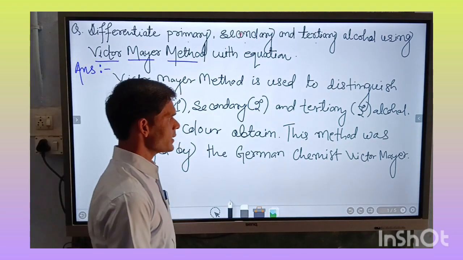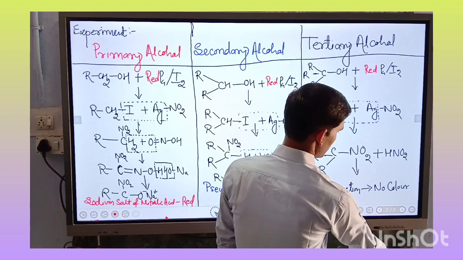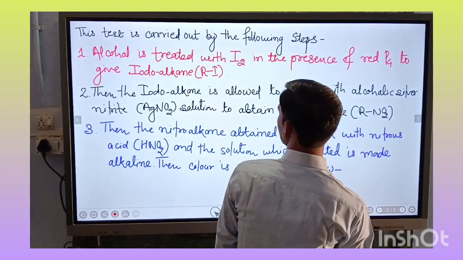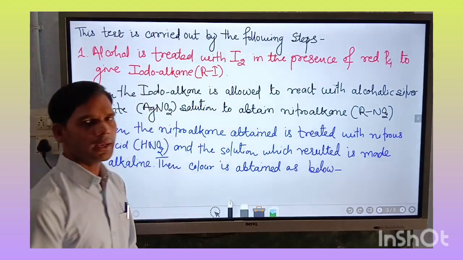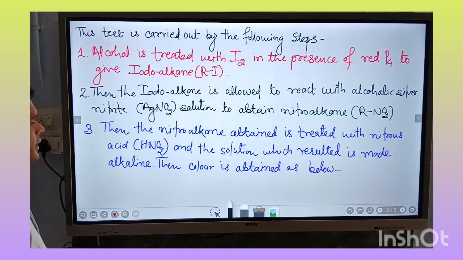Now let us discuss what happens when alcohol is treated with Victor Meyer reagent.